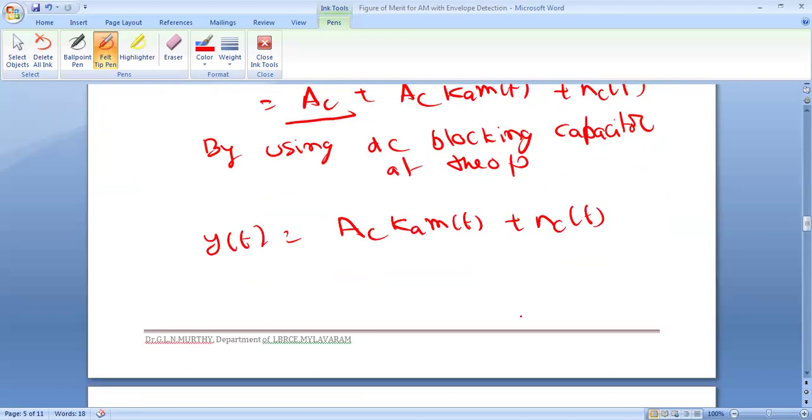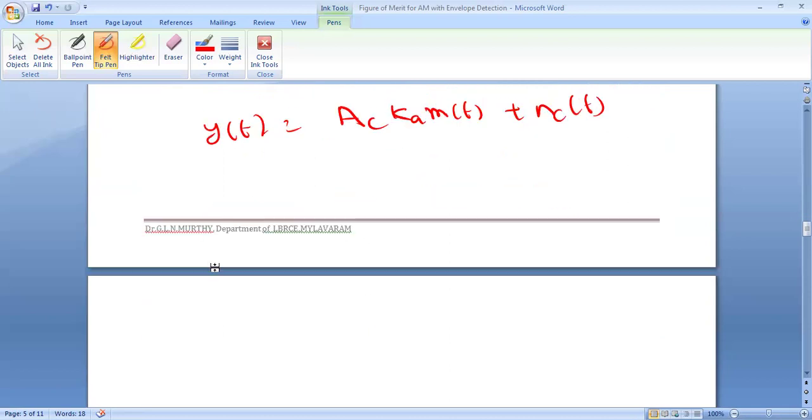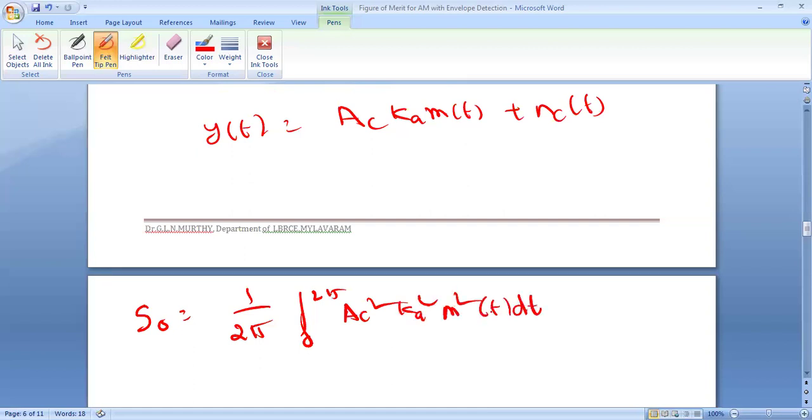So the output consists of two components here. One corresponding to the message signal, the other corresponding to the noise component. So let us assume SO, output signal power, equals 1 over 2 pi, 0 to 2 pi, AC square Ka square m square of t dt.